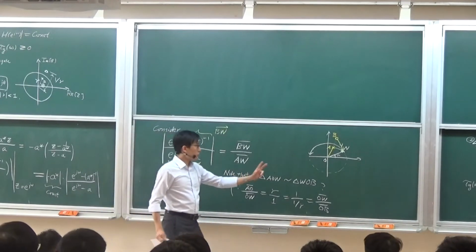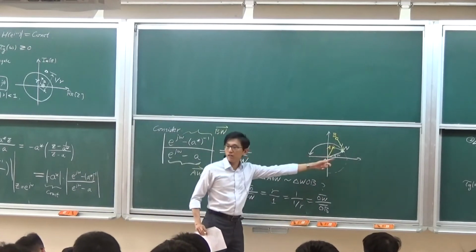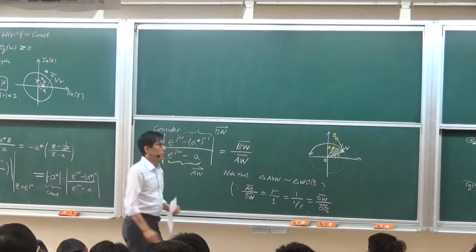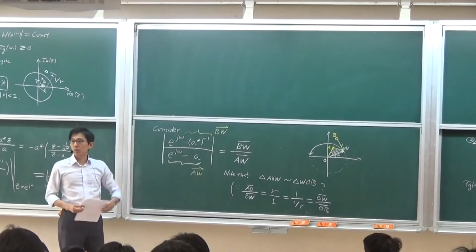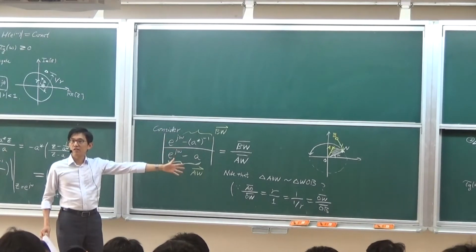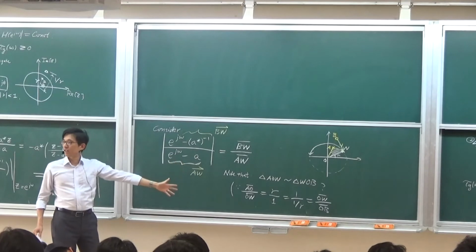And these two triangles share the same angle. So this thing here is similar to the bigger triangle. Does everybody see that?